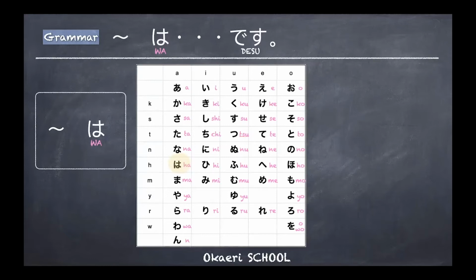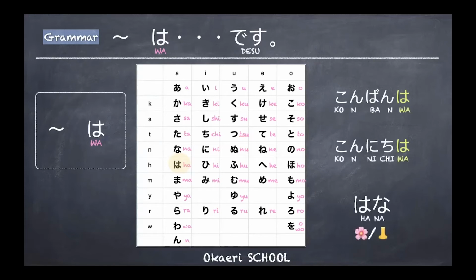And this also applies to these two phrases, for example, konbanwa and konnichiwa. These two also use ha, but the pronunciation is wa.